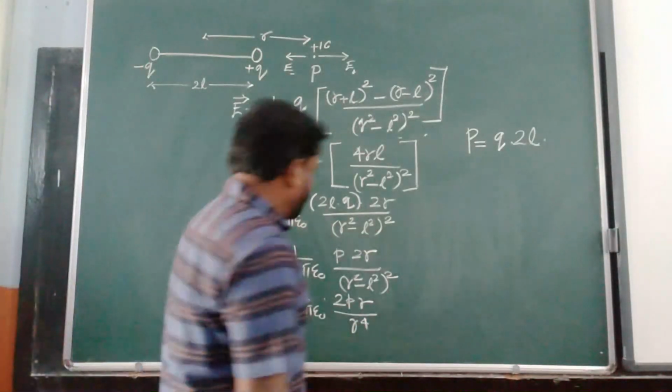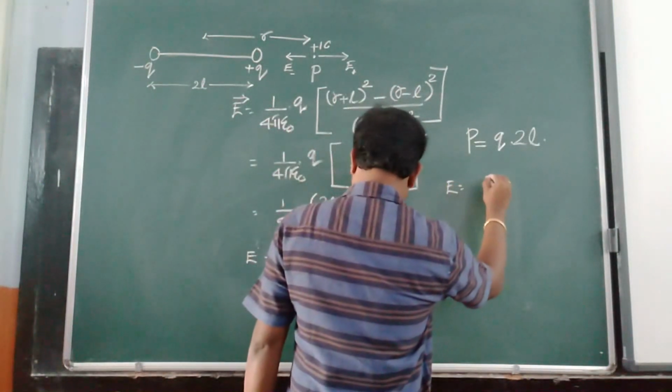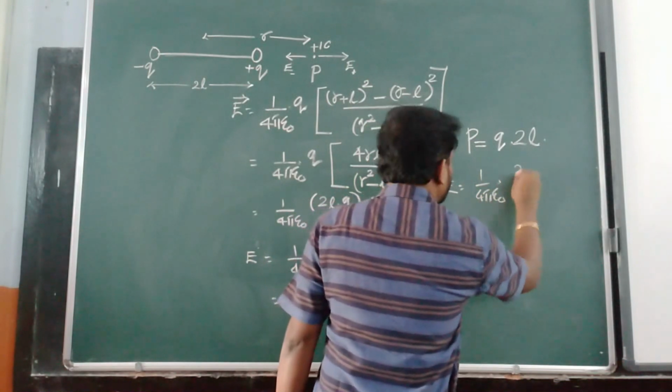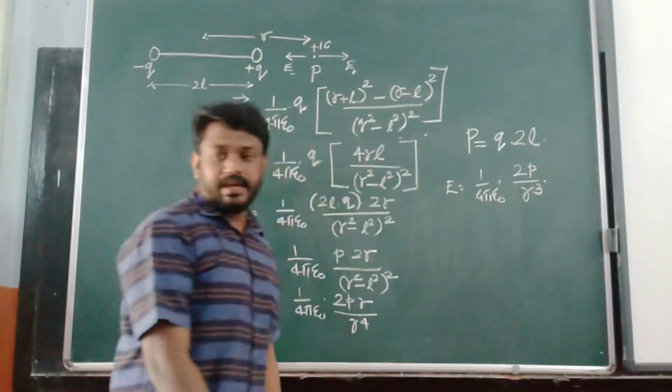Okay. So, E is equal to 1 by 4 pi epsilon 0 into 2P divided by R cube.